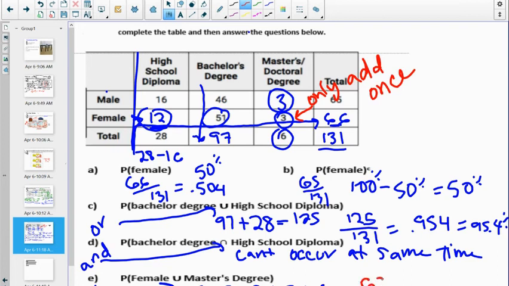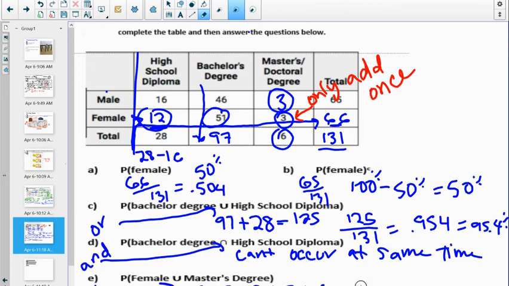So then once we do that, I have 69. I want to double check. 12 plus... Oh no, I was way off. I must have forgotten. I'm going to double check though. Did I add that 3 twice? No, I didn't. 12 plus 51 plus 3 plus 3 plus 6.